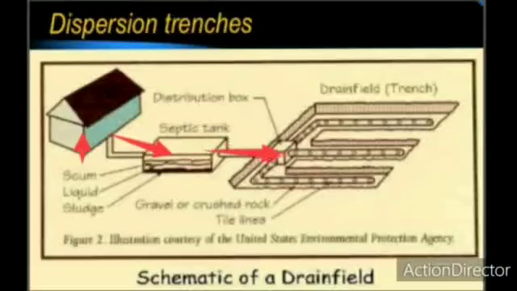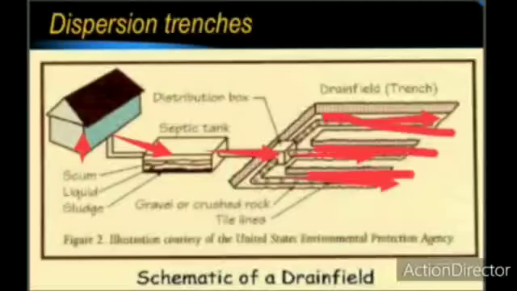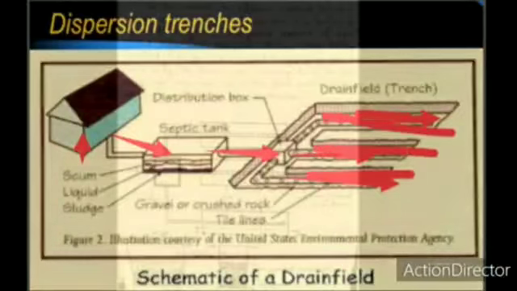From the distribution box it is allowed to flow into open jointed pipes which are laid 30 centimeter in length. For each distribution box there are 3 to 4 open jointed pipes connected at 2-meter interval.